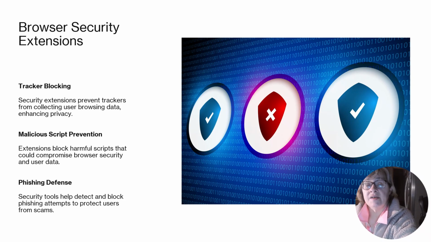Security extensions enhance browser protections by blocking trackers, malicious scripts, and phishing attempts. Okay, and phishing, smishing, vishing are all very serious problems. And you also want to have a great deal of email security.